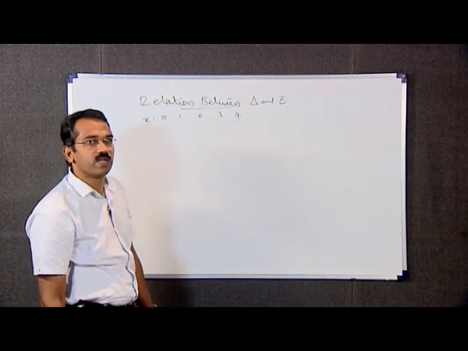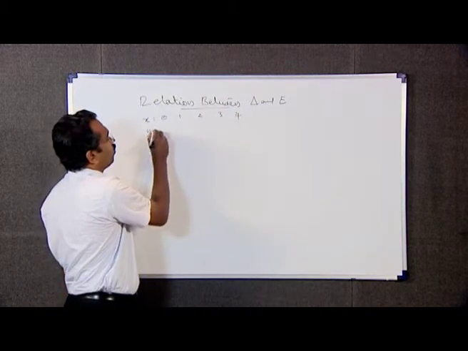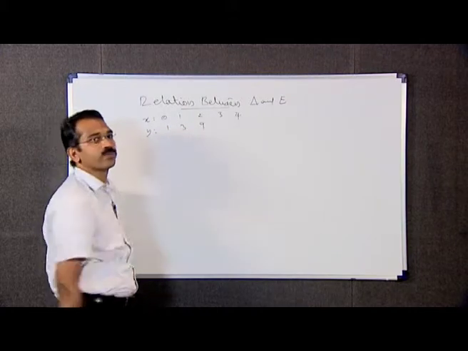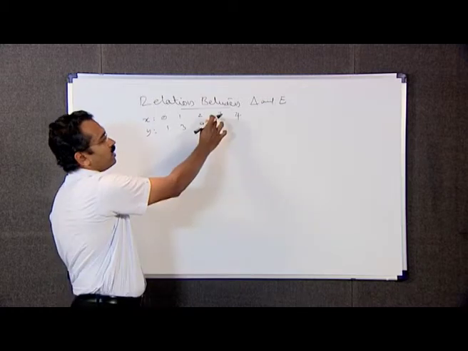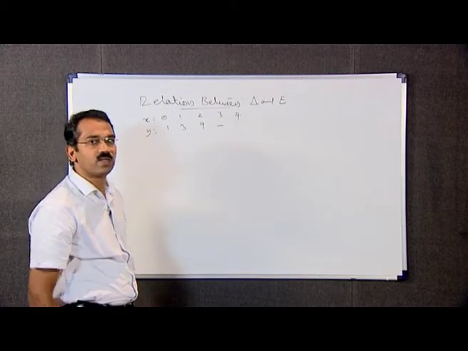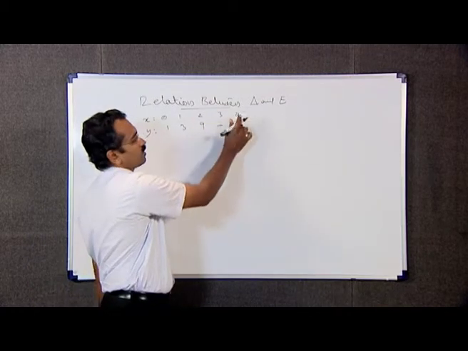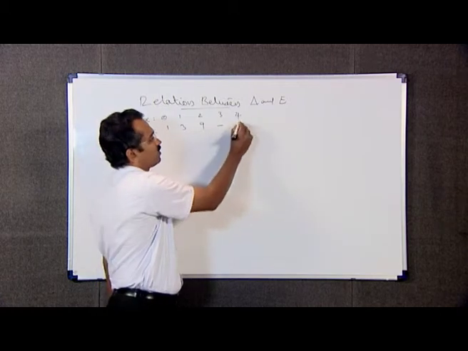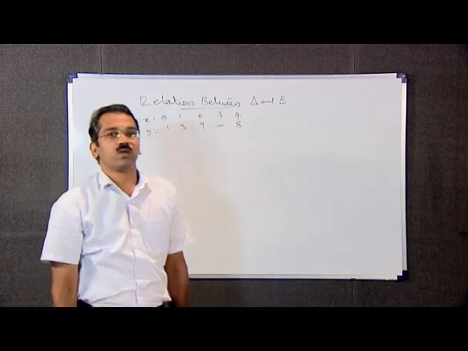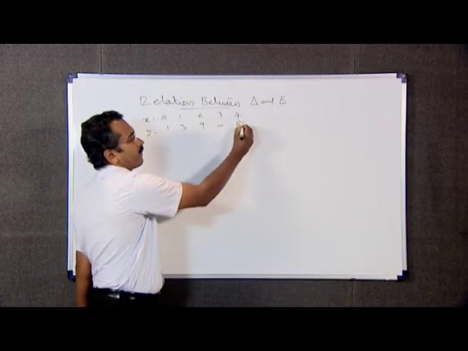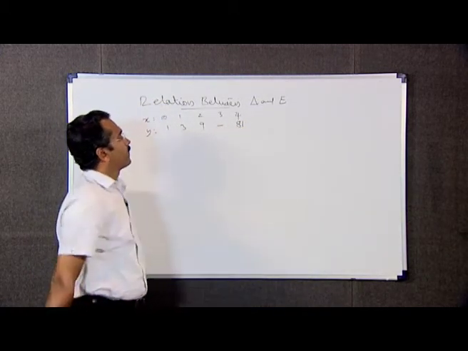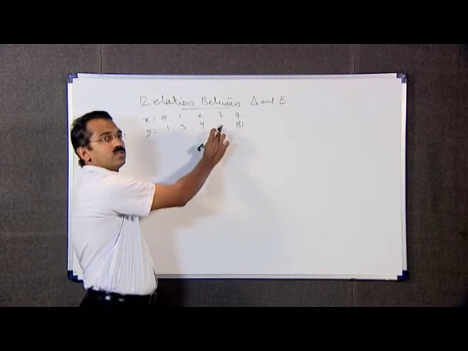The corresponding y values are 1, 3, 9. The entry corresponding to 3 is missing and the y value corresponding to 4 is 81. Now, we have to find out this missing entry.